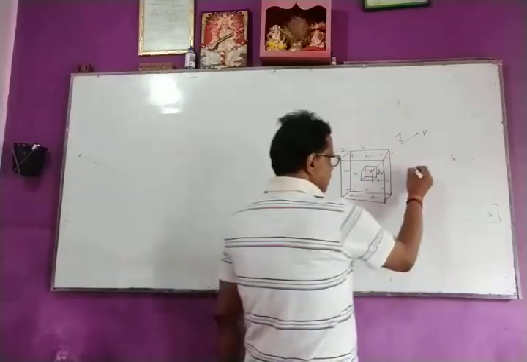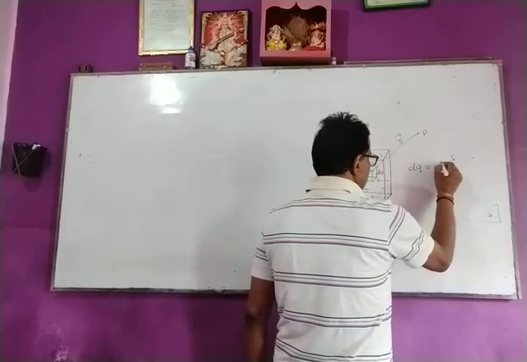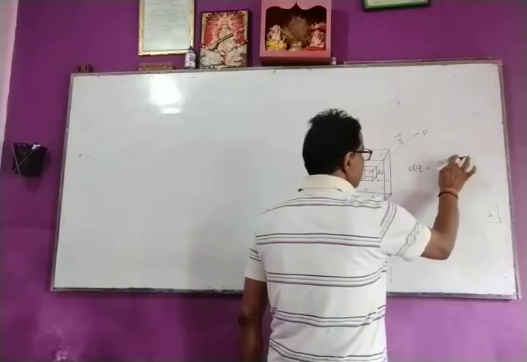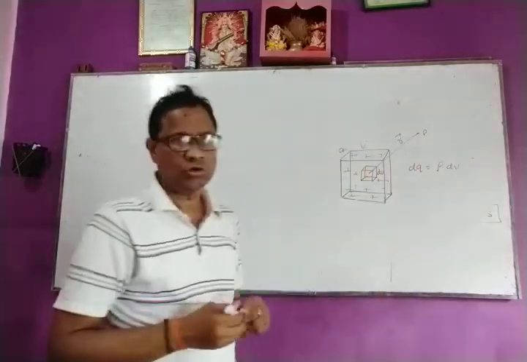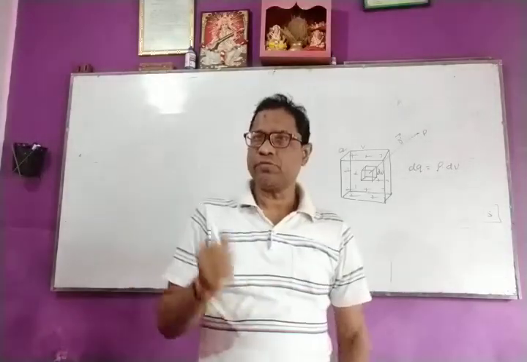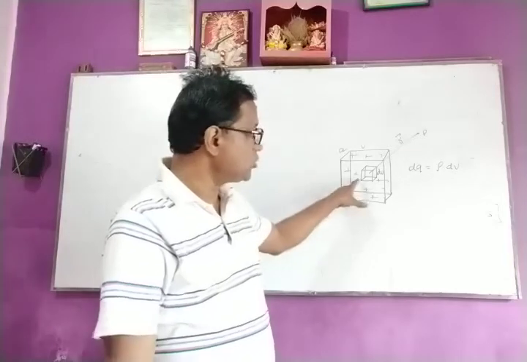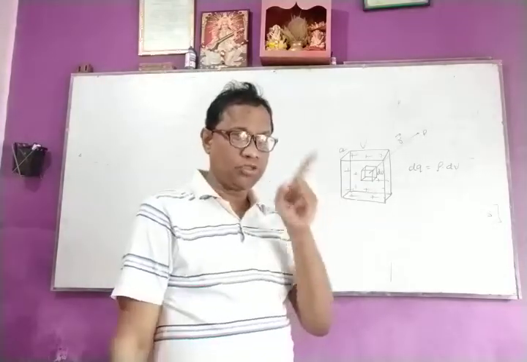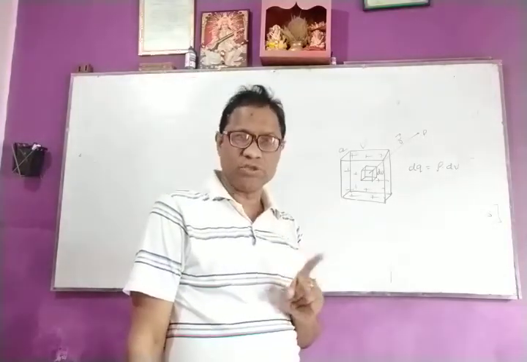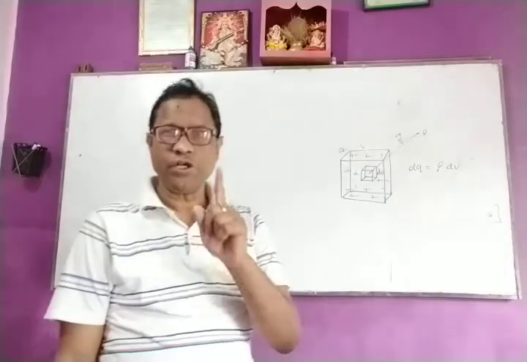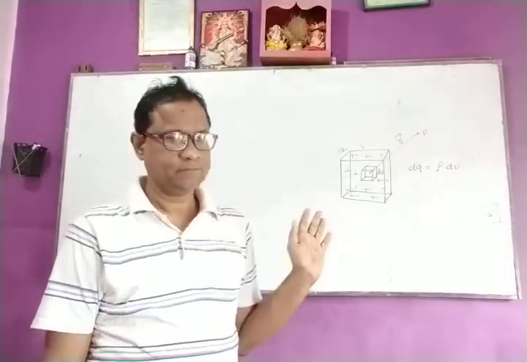It is the volume of the small portion dV. So charge on that portion dq is equal to rho into dV.